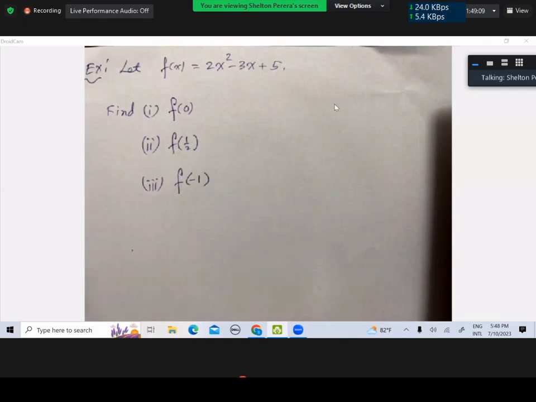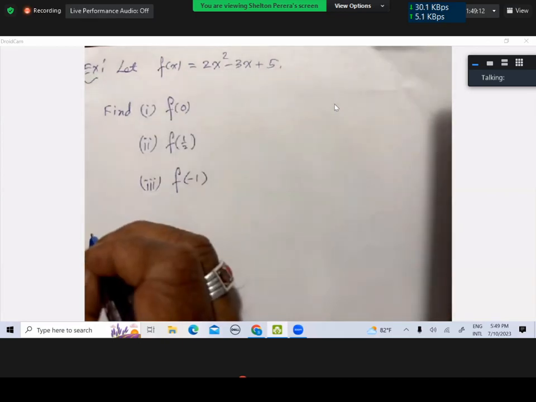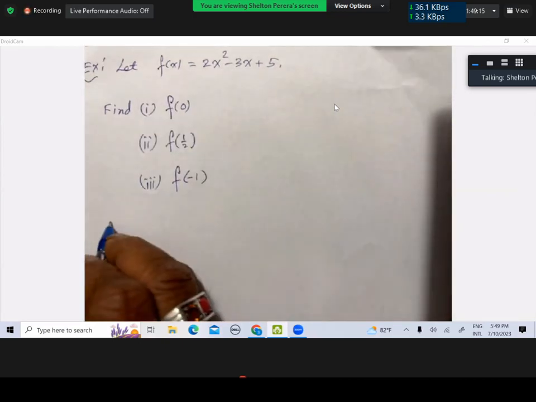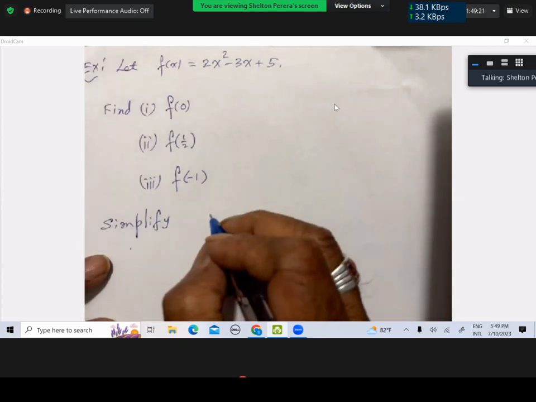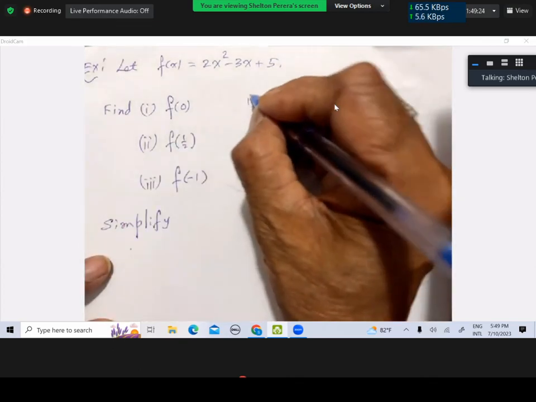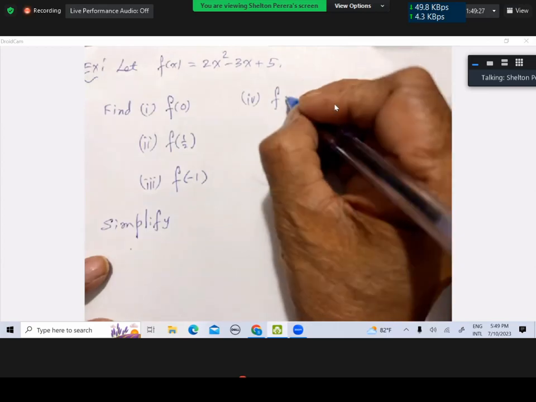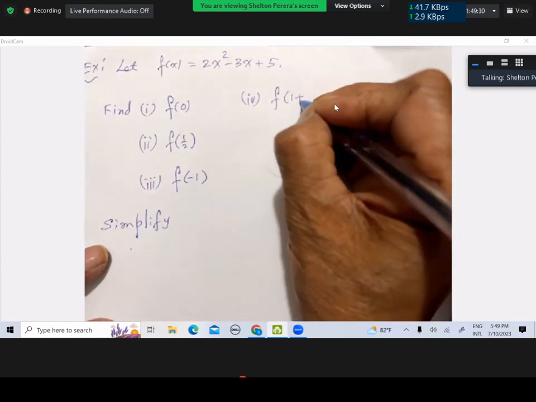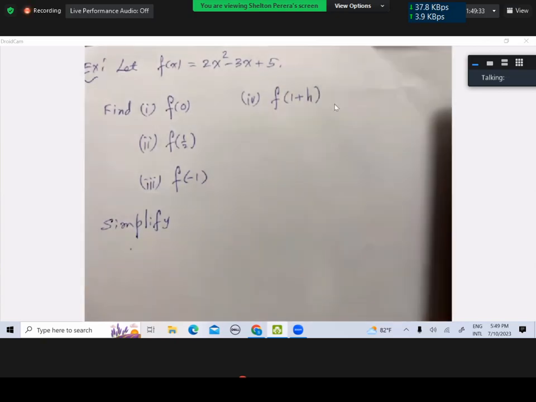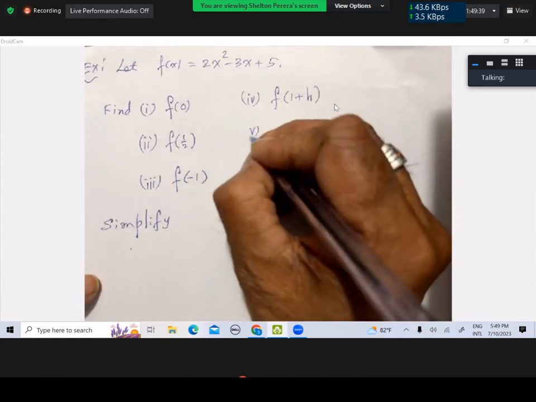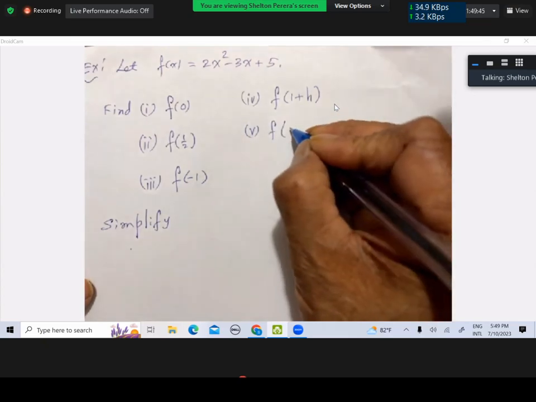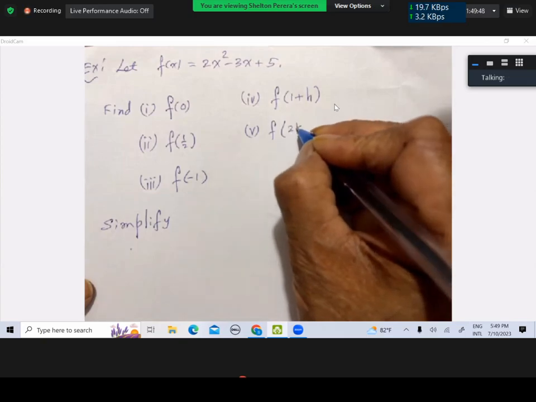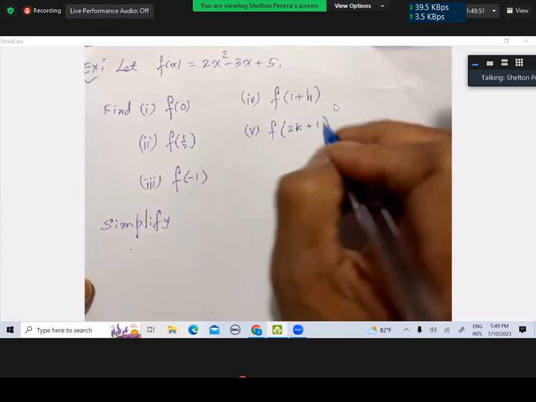Then simplify. Fourth one, f of 1 plus h. F of 2k plus 1.